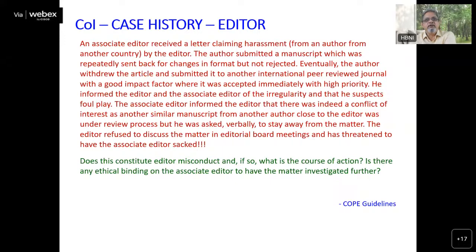So the associate editor informed the editor that there was some conflict of interest, as another similar manuscript from another author, who was close to the editor, was under review process, but he was asked verbally to stay away from the matter. The editor refused to discuss this matter in the editorial board meeting, and he also threatened to suspend the associate editor.